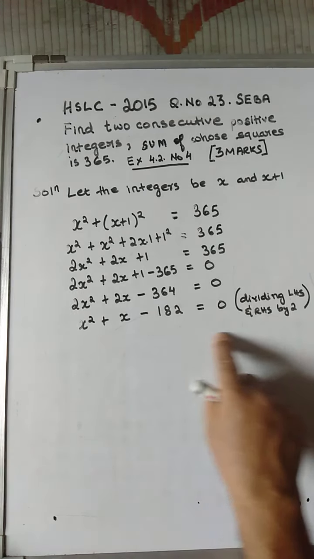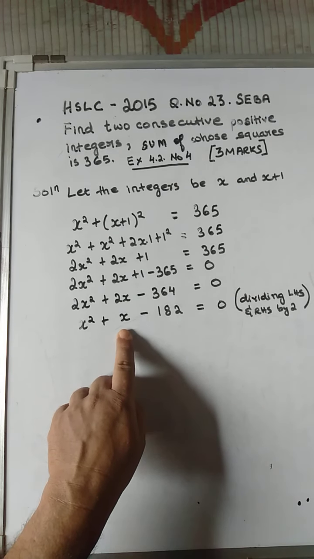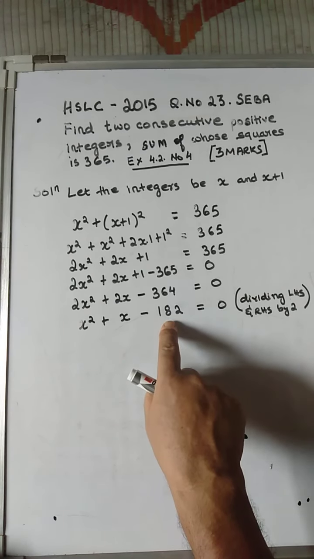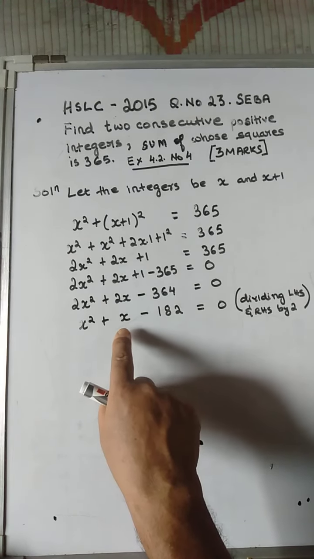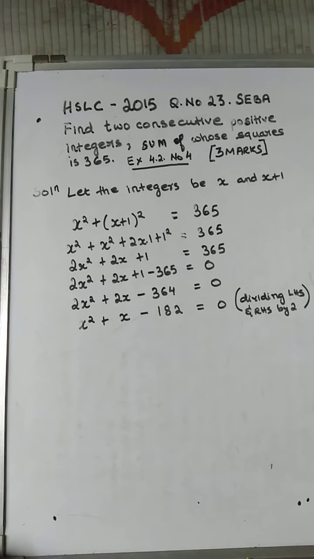Now you have an equation which is up to your choice of how to solve. But let's go ahead and do it by the factorization method. And here let's split the middle term x. The coefficient of x here is 1 because there is no number there. And how do we split this so that when we add or subtract the factors, we get a positive 1?